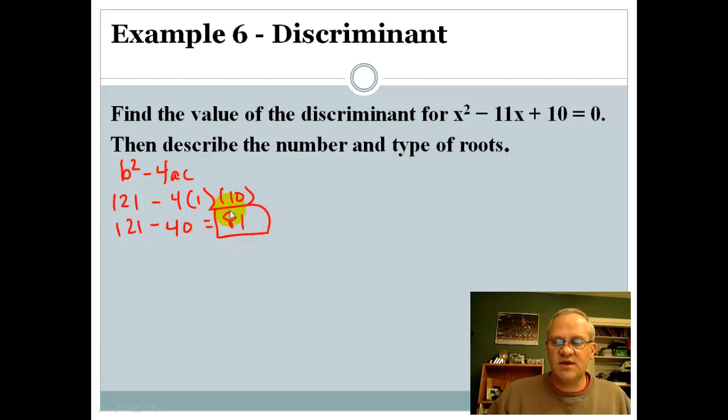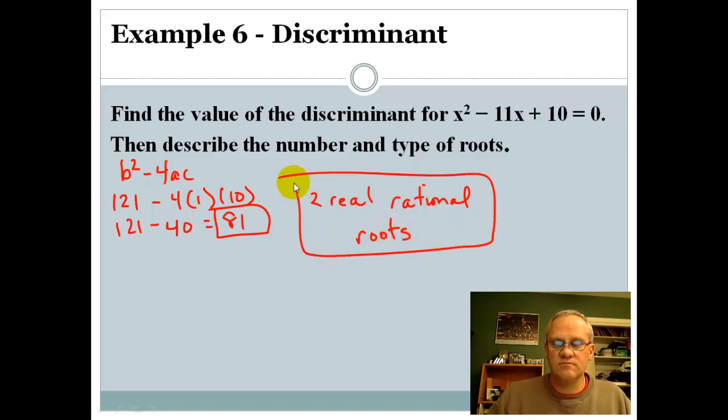The discriminant is 81. That's positive. Is it a perfect square? Yes, 9 times 9 is 81, so that is a perfect square, and it's positive, so that means we're going to have 2 real and rational roots. Because if you took the square root of 81, the square root would go away and it would be rational, not irrational.